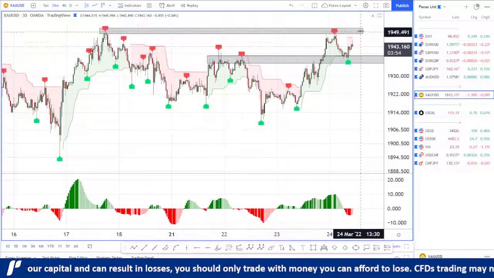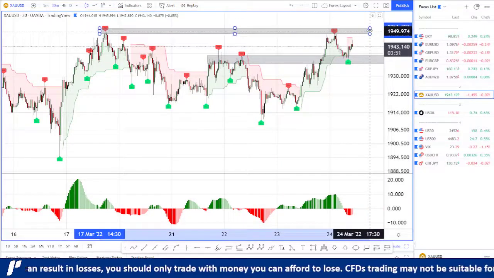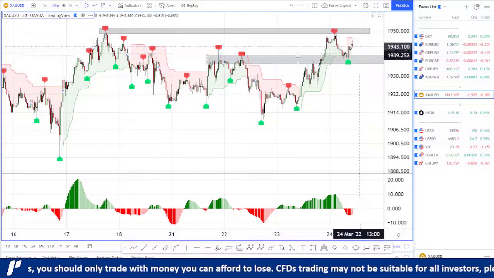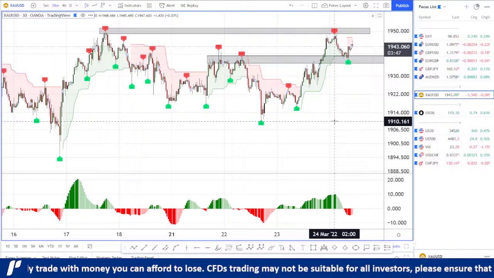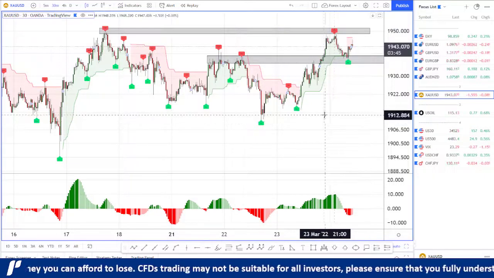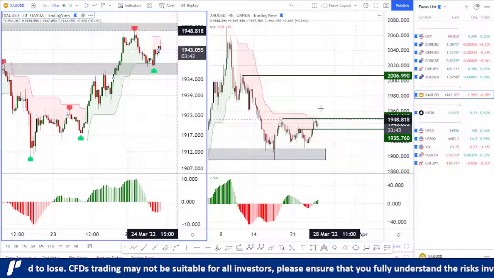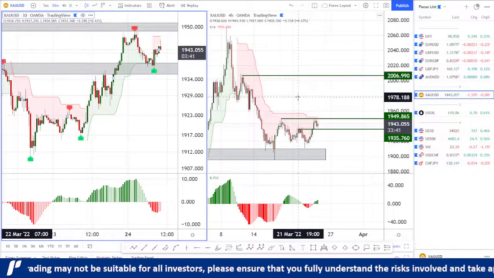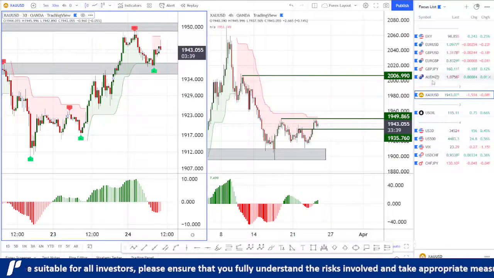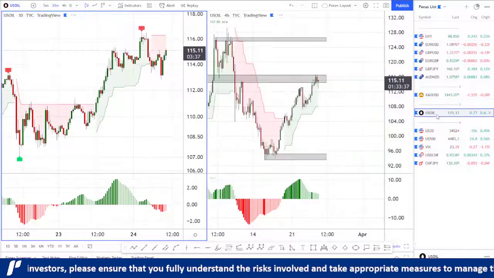The level of 1950 should be the following resistance level that we will be targeting during the day. And of course, a break and a hold above 1950 should continue the movement to the upside and target the level of $2,006 on gold.